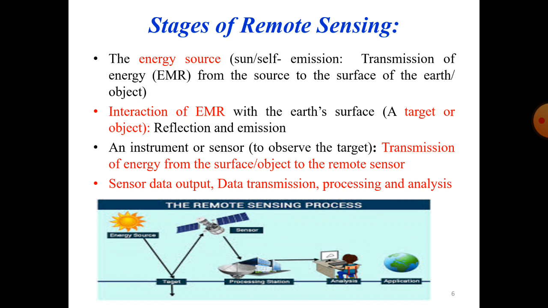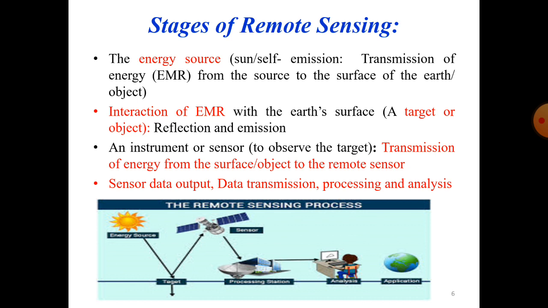These back-reflected radiations are sensed by an instrument, a camera or sensor. In the picture you can see the sun is radiating energy, which is the source, and it strikes the object, and some energy gets reflected back, which is collected by the sensor or the camera fitted in the satellite here.